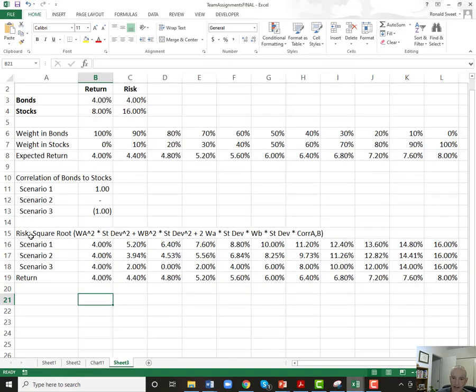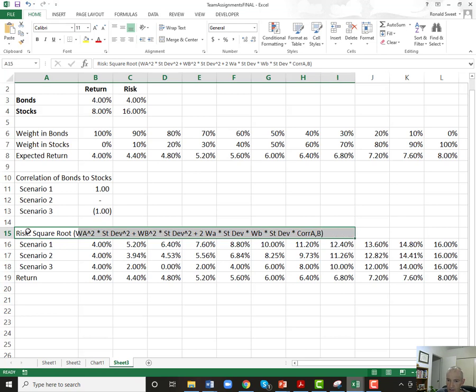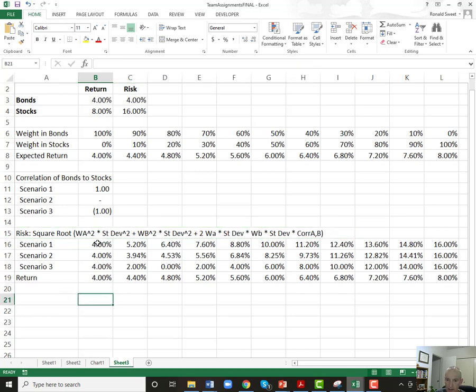All right, so last class we used this formula right here. The weight of A squared times the standard deviation of A squared, plus the weight of B squared times the standard deviation of B squared, plus 2 times weight of A, standard deviation of A, weight of B, standard deviation of B, and correlation of A and B. And when we did that, we ran 3 scenarios: correlation of 1, correlation of 0, and correlation of -1.